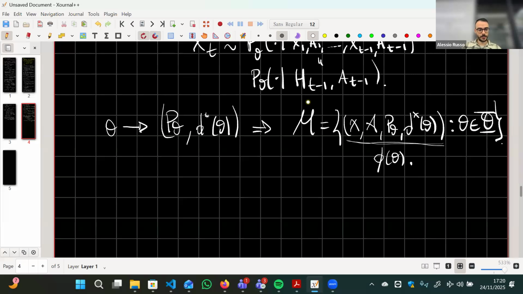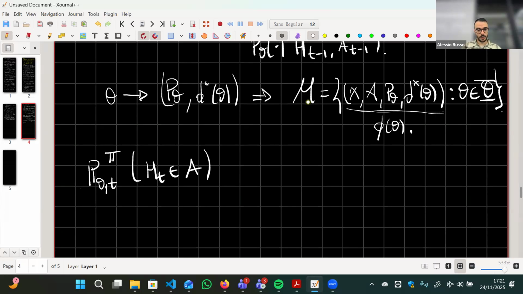So we can define, for example, the probability of a certain trajectory at time t under sampling rule pi for a fixed model. Here A is any set of the Borel sigma algebra of trajectories.